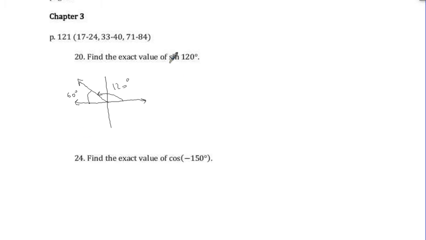What is the sine at 60 degrees? Well, sine of 60 degrees is the square root of 3 over 2. This terminal angle of 120 degrees is in quadrant 2, and if it's in quadrant 2, sine is positive.